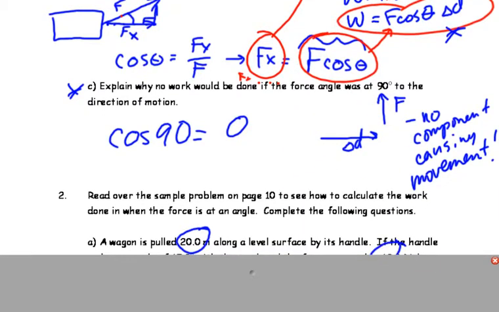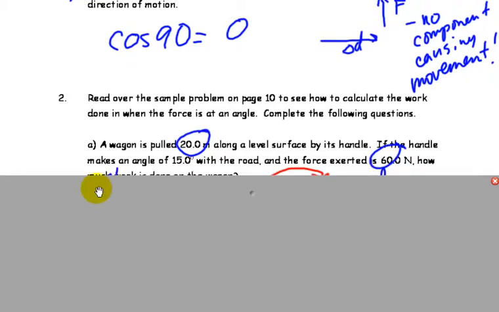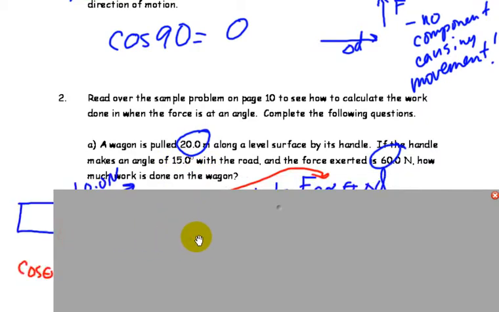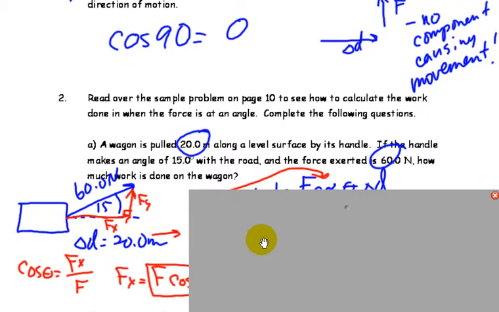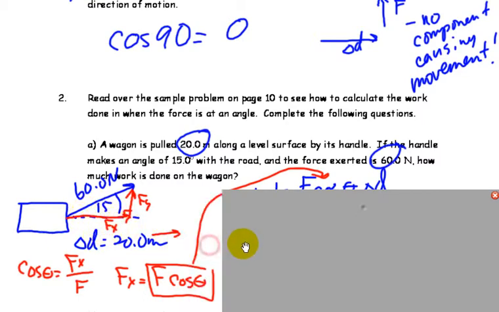Okay, some questions. A wagon is pulled 20 meters along a level surface by its handle. If the handle makes an angle of 15 degrees with the road, and the force exerted is 60 newtons, how much work is done? We're pulling the wagon to the right, but we're pulling it up at an angle of 15 degrees. It's moving to the right, so we're concerned with figuring out Fx.